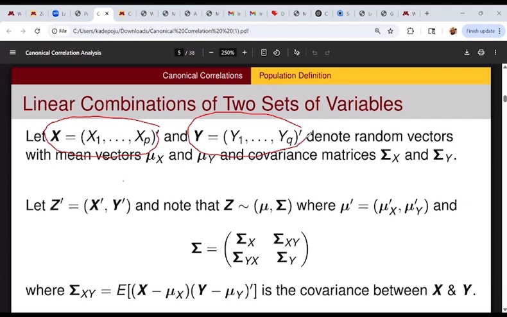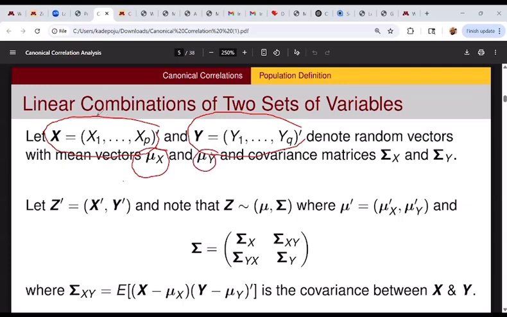You could have a situation where X represents some exam measures and Y may represent the exercise measures, stuff like that. Now, when I have a vector of X like this, the mean exists. This is the mean. When I have a vector of Y, the mean also exists.